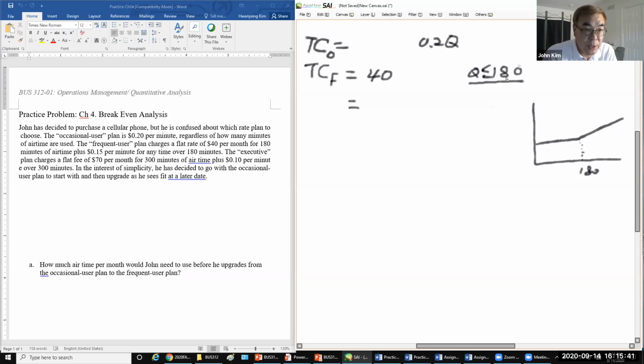Less than 180, and then if Q is greater than 180, then $40 plus 15 cents per minute, 0.15, but it's like that.